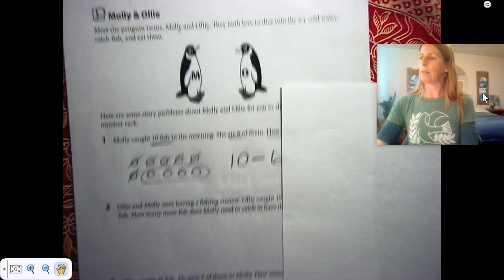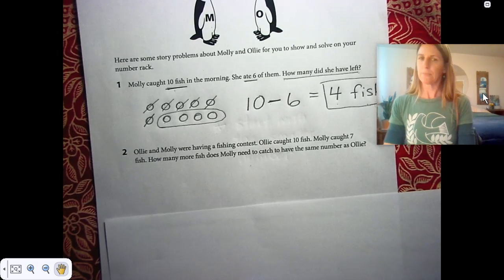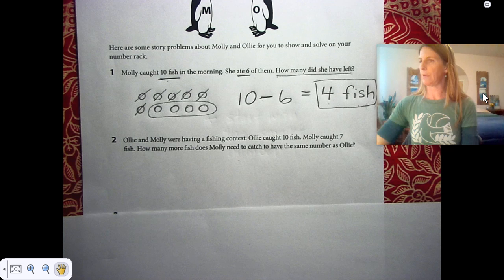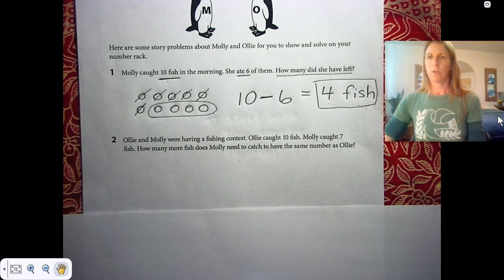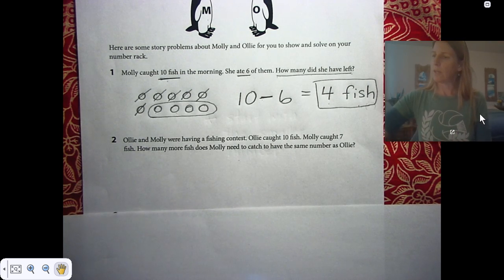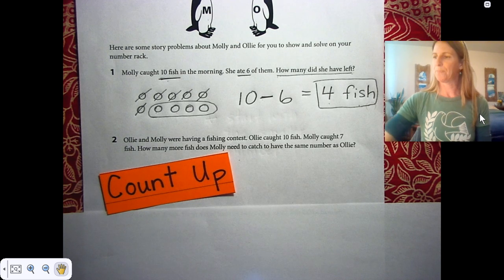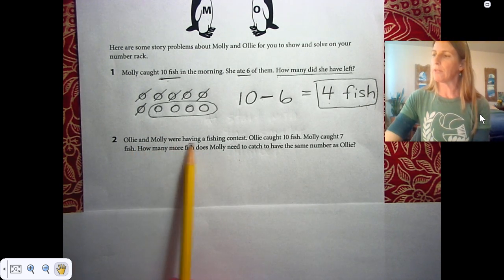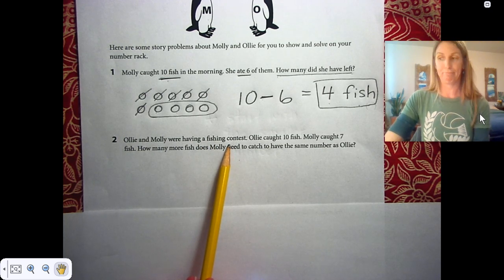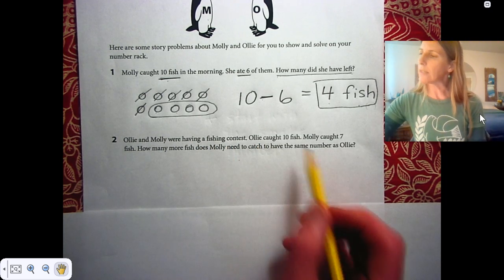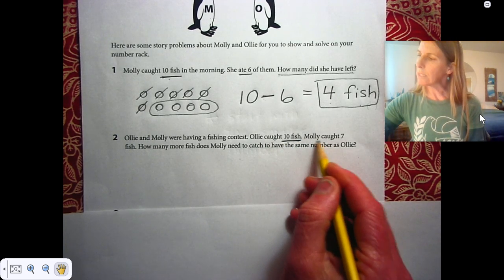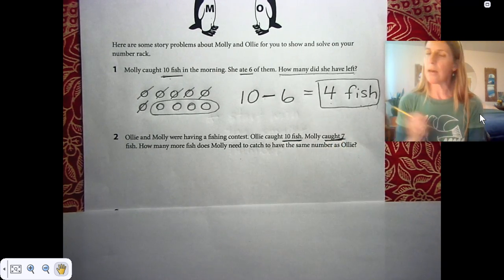Back here with Molly and Ollie. So number 2 on our practice page is a count up problem. And it sounds like this. It says, Ollie and Molly were having a fishing contest. Ollie caught 10 fish. Molly caught 7 fish.